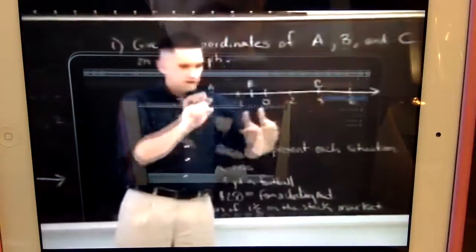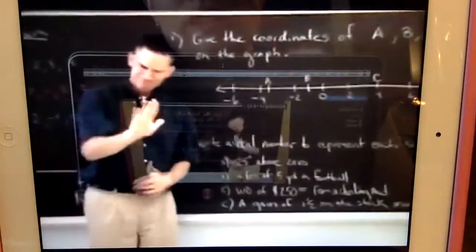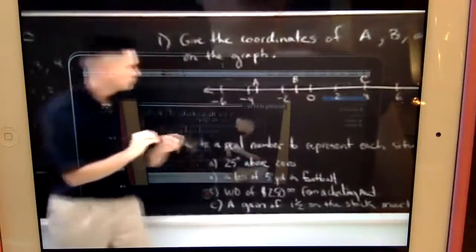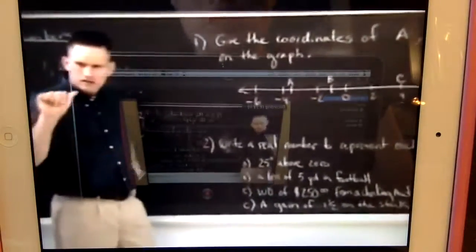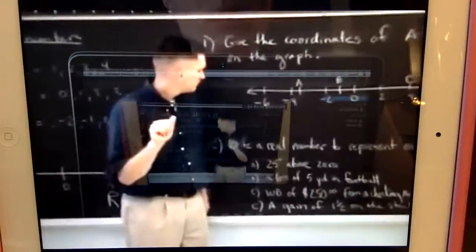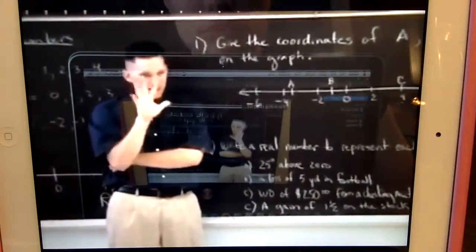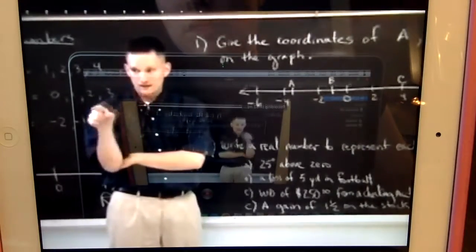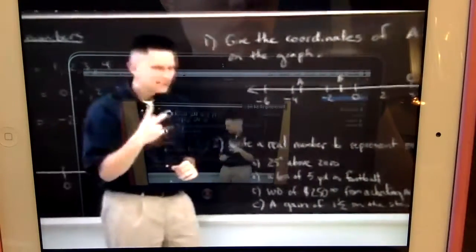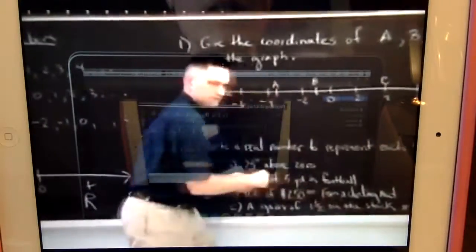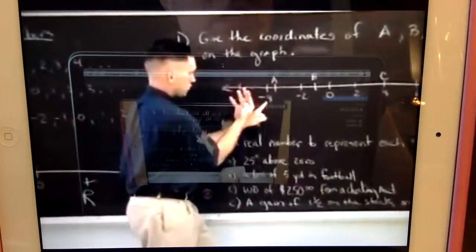So now, referring back to this example, give the coordinates of A, B, and C on the number line. So where does A fall on this number line? You guys think it's 3.5? Negative 3.5? All right, let's check it out. It's important to keep track.